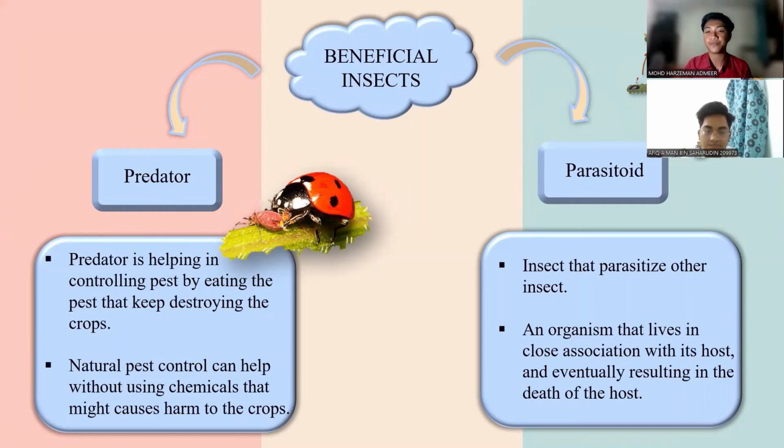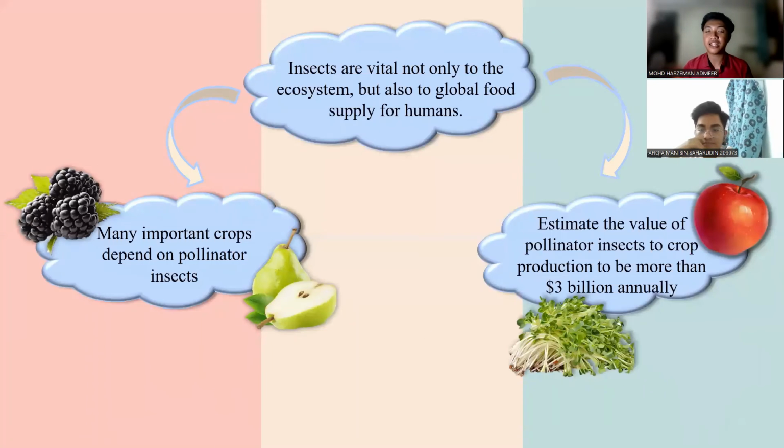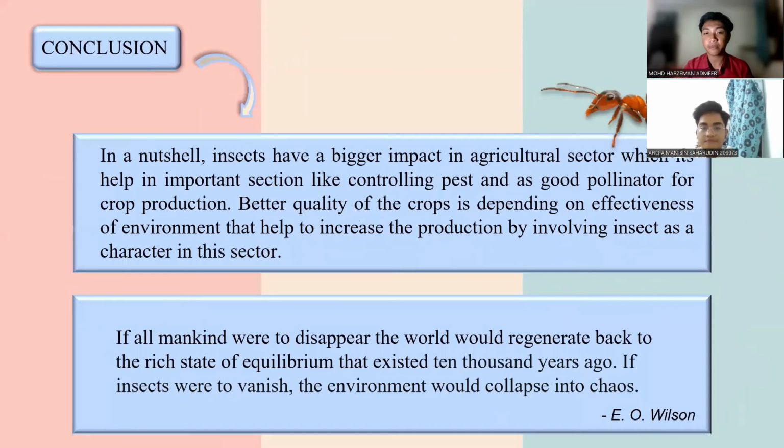And insects also give a pollination service to plants so they can produce new plants, fruits, and flowers. Also, they are not only for the ecosystem, but for the global food supply for humans. That is really important, giving something in return for humans.